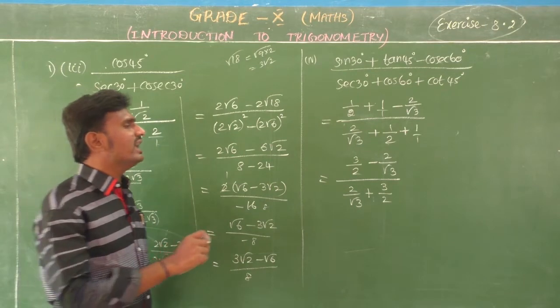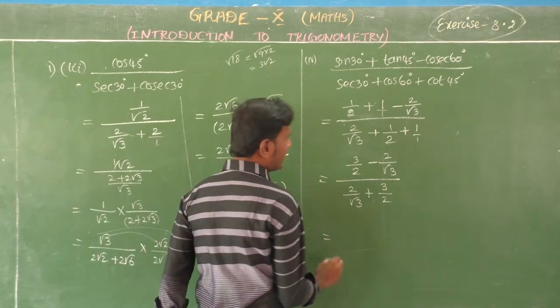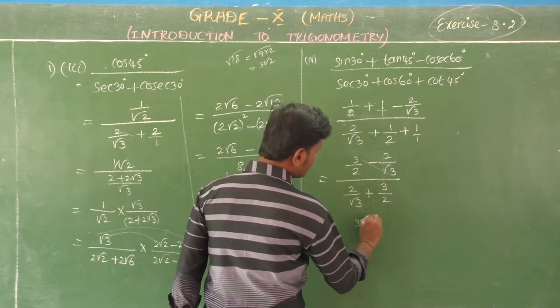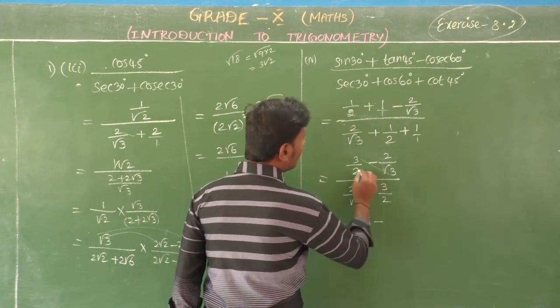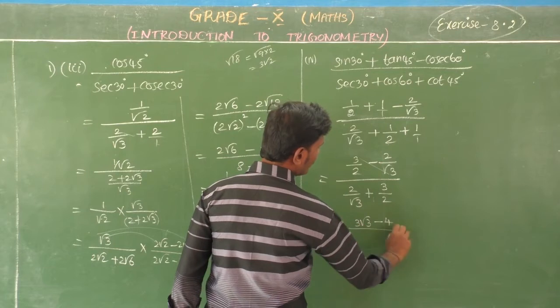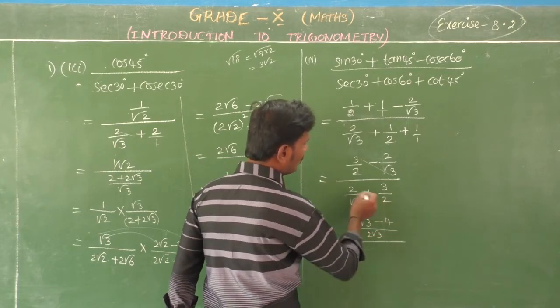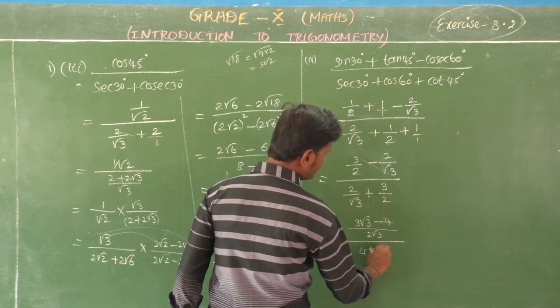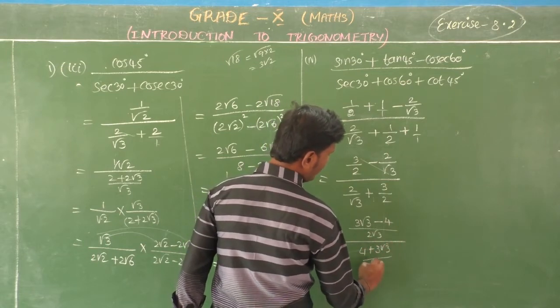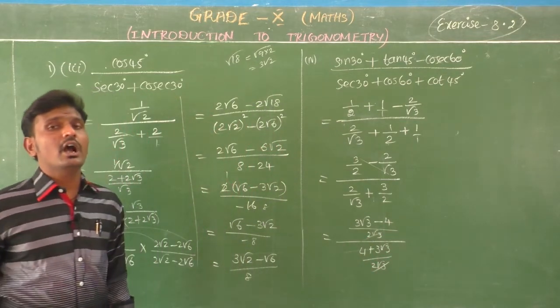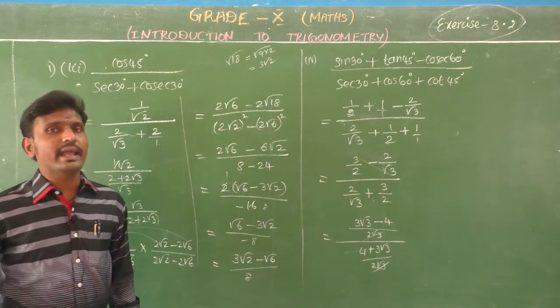Now I am going to take a cross multiplication in the numerator as well as the denominator. So 3 into root 3 is 3 root 3 minus 2 twos are 4, the whole divided by 2 root 3, and in the denominator 2 twos are 4 plus 3 root 3, the whole divided by 2 root 3. Now 2 root 3 is a common denominator, so it is cancelled.